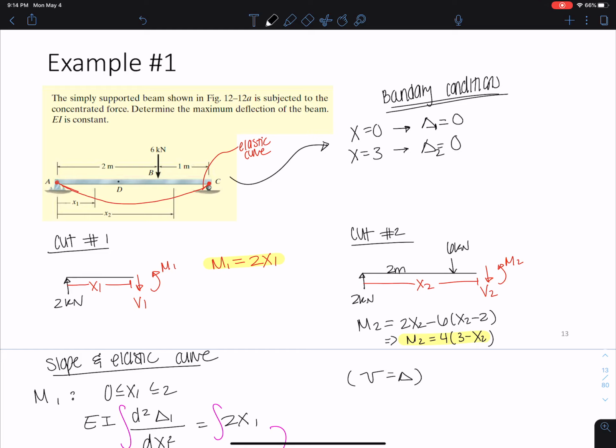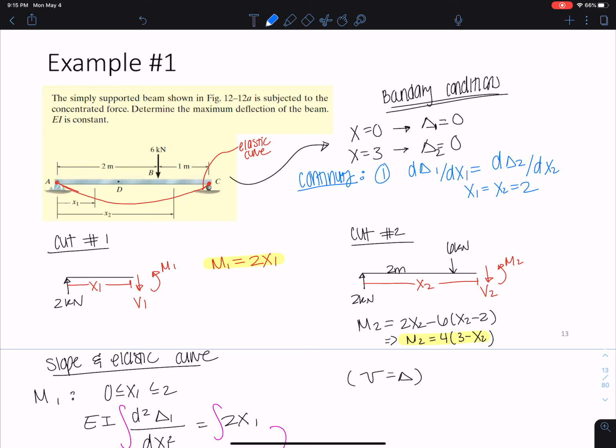Okay. I also know some information about my continuity of the beam. So I'll say one continuity condition. I know that the derivative, this d delta 1 over dx1, has to be equal to d delta 2 over dx2 when x1 equals x2 equals 2.